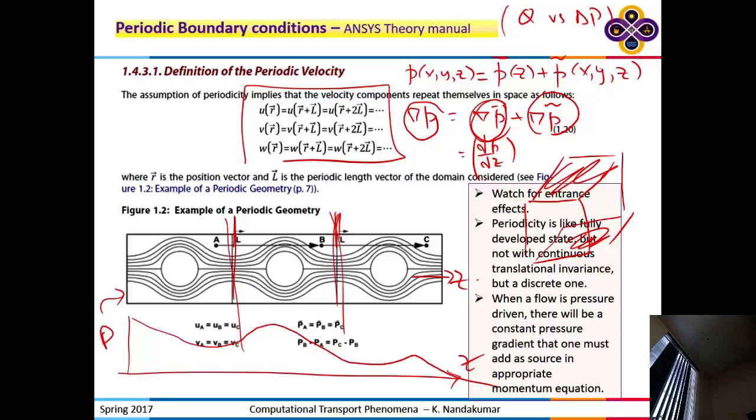When you have that, remember, if I say this is periodic, I cannot specify what the velocity field is. All I can do is say this velocity is the same as that velocity. So I don't specify velocity anymore. But I specify this gradient of P across this. What is the pressure that is irreversibly lost in pumping the fluid through that? Right? You follow that?